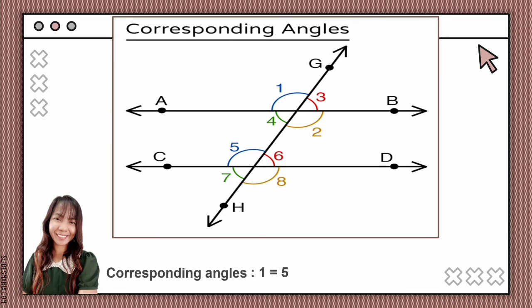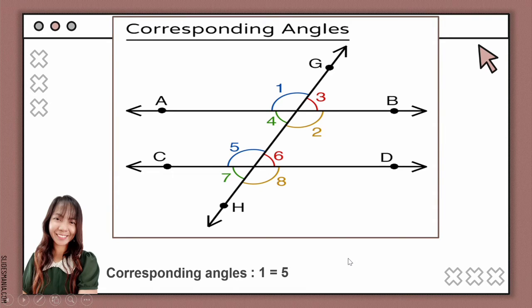By the way, they are equal in measure. Let's say this angle is 60 degrees, so this is also 60 degrees. Corresponding angles are equal. So angle 1 is equal to angle 5.